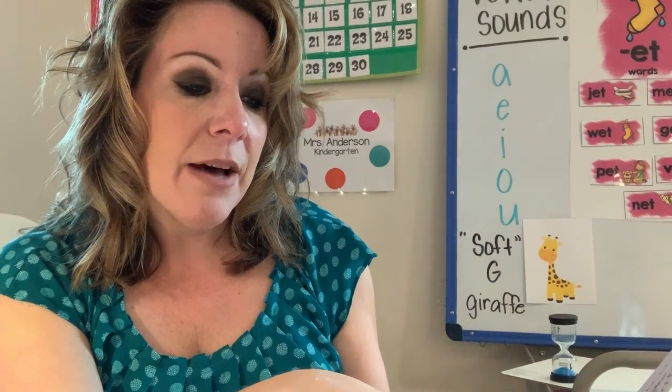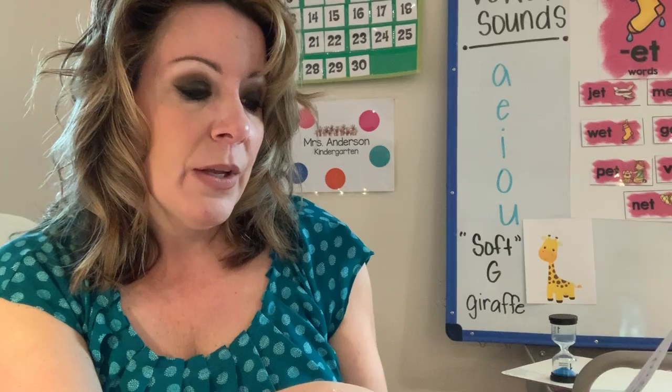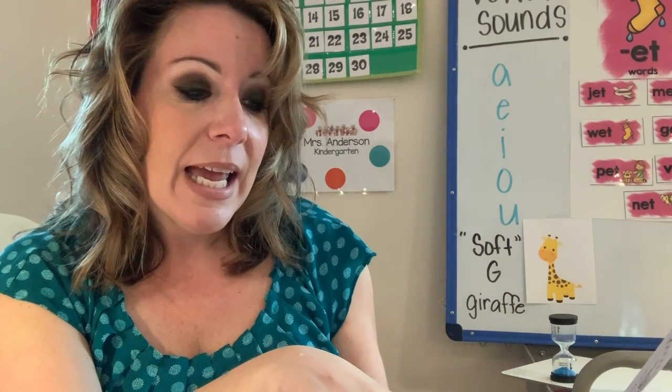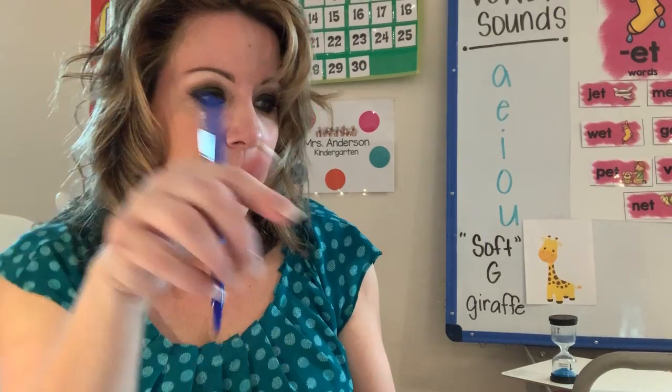Butterflies also have 2 antennae, which they use to touch, taste, and smell. Okay, so I'm going to add that in the can column. So they can touch, they can taste, and they can smell.